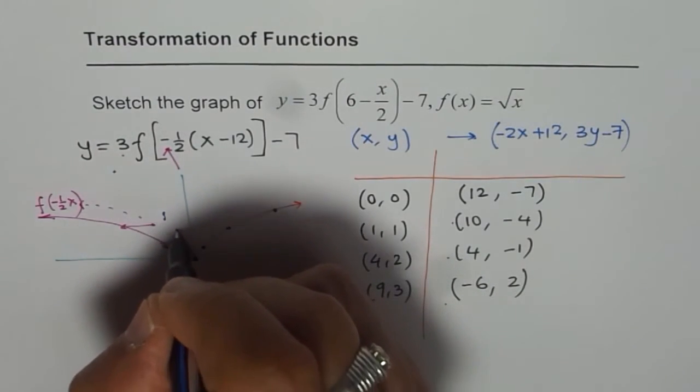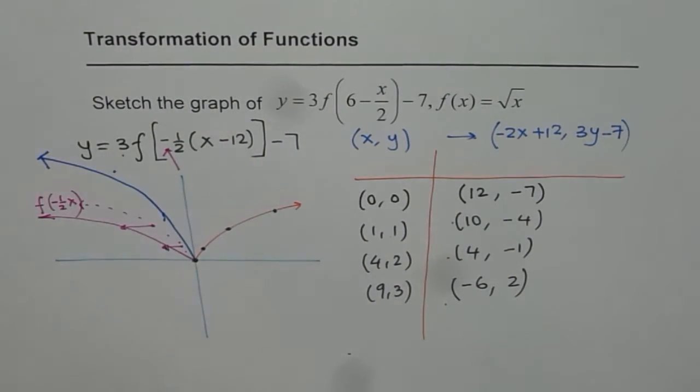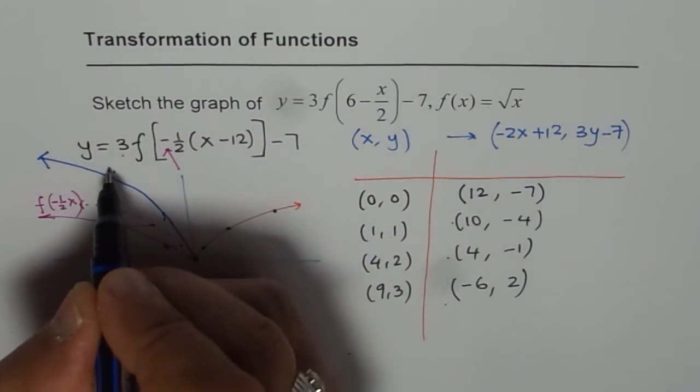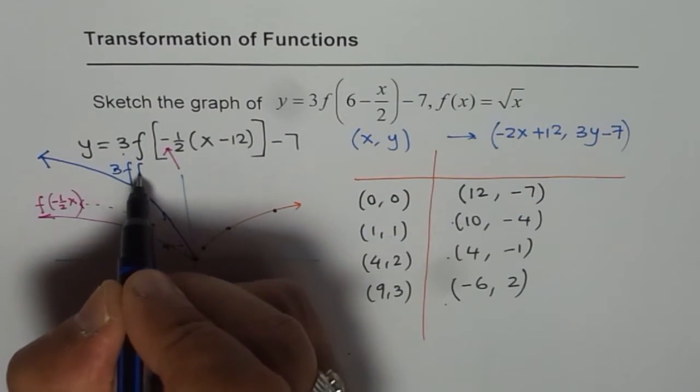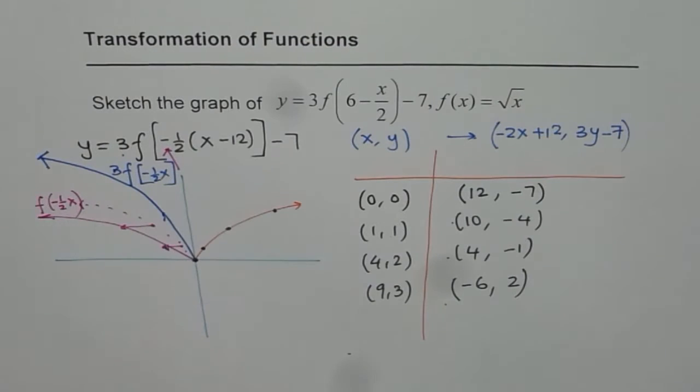So what you get is that kind of a function. And this one will be 3 times f of minus half x. These are rough sketches, but they are fairly accurate, and I hope you're understanding what I'm trying to do.